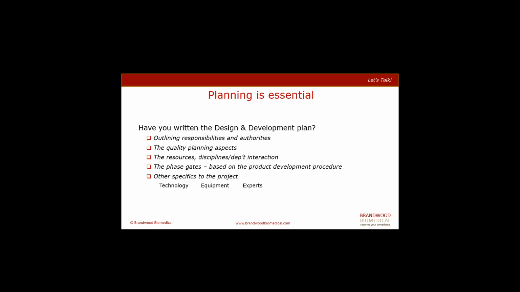And those phase gates should be taken from or based on your product development procedure. Other specifics that may be involved in the design and development plan will be particular technology that may be required or needs to be developed for the project, what equipment is needed, and whether there are any particular experts that need to be involved or at least consulted as part of the development process.